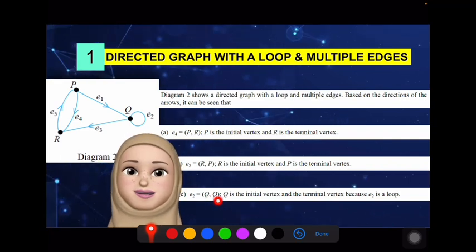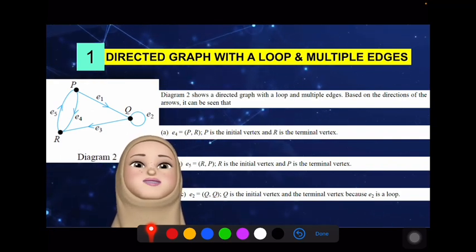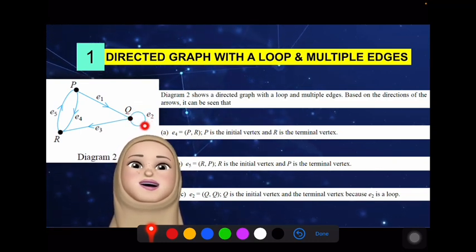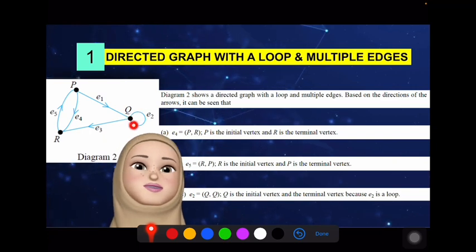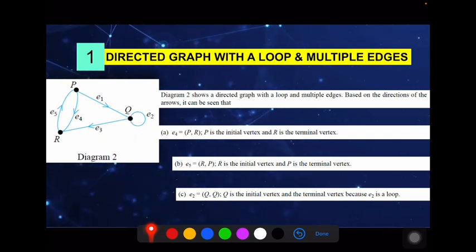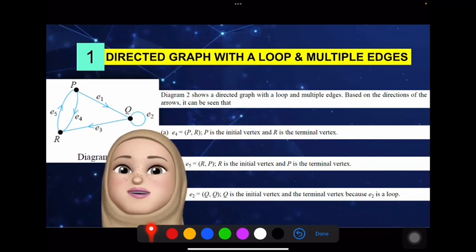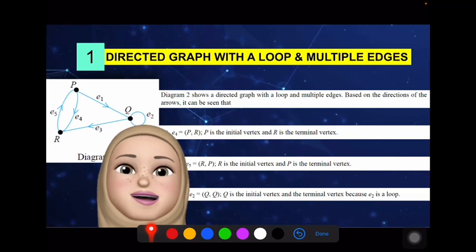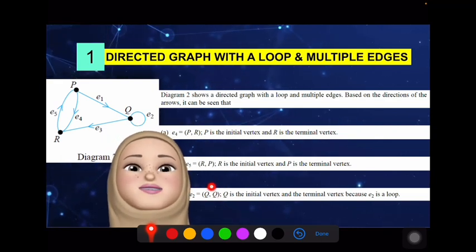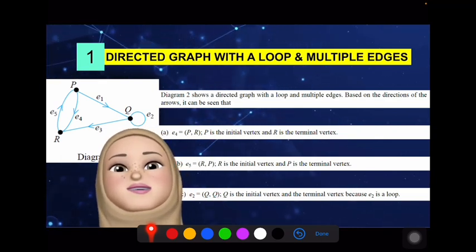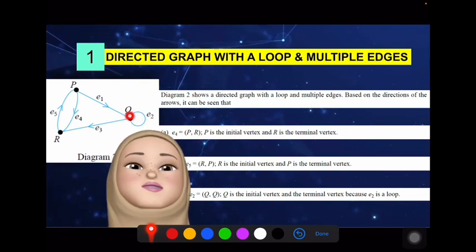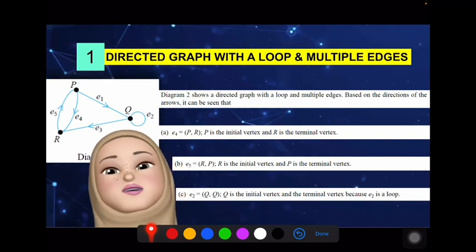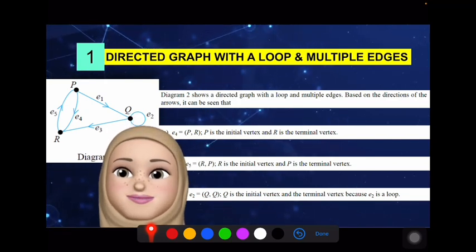Why do we have the same letter here? Because we have a loop where Q is the initial vertex and also the terminal vertex. So bear in mind, any loop can be written as the same letter twice, because the same letter can be the initial vertex and the terminal vertex, where the arrow can come out and go into the same letter.